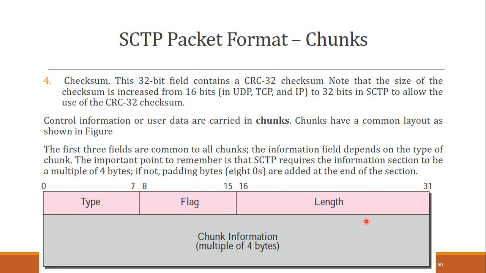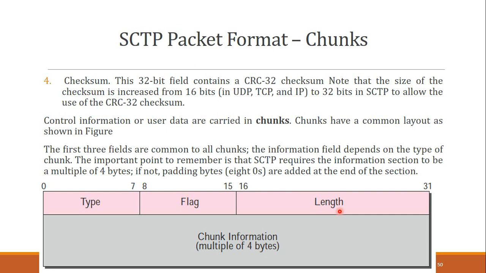Then we have the length. Since the size of the information section is dependent on the type of chunk, we need to define the chunk boundaries. This 16-bit field defines the total size of the chunk in bytes, including the type, flag and length fields.